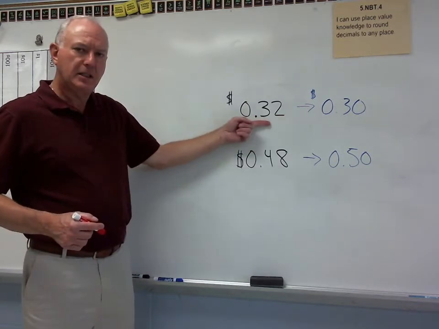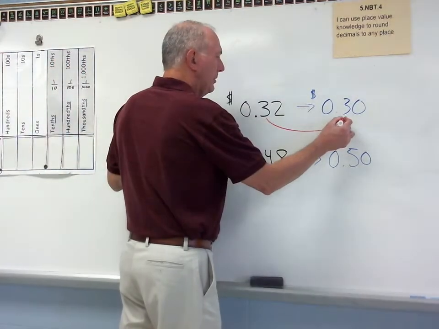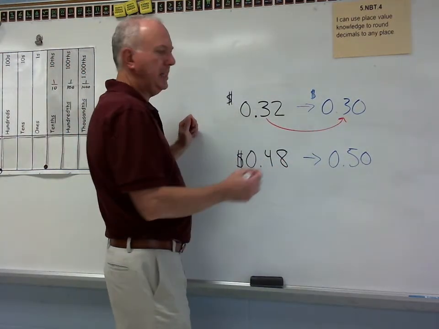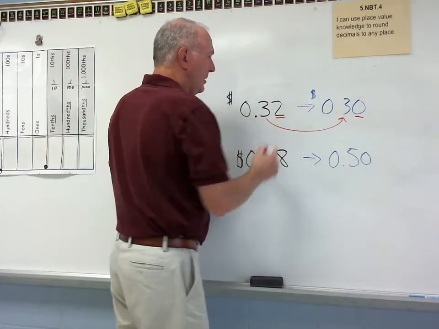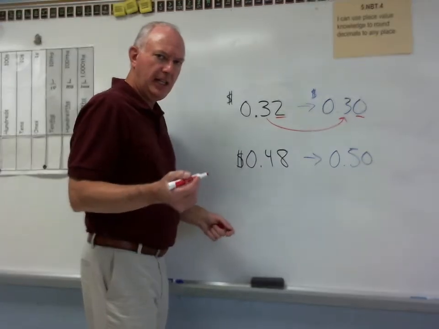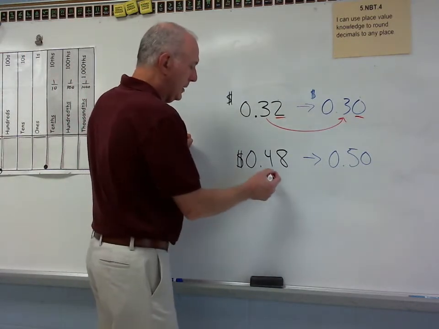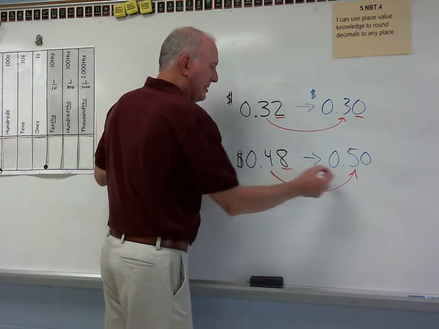Because on this one, the digit in the 10th place stayed the same. The only thing that changed is what's behind there. That changed. But look at the example on the bottom. What changed, one of the parts that changed, was the 10th place changed this time. And of course, this also changed.